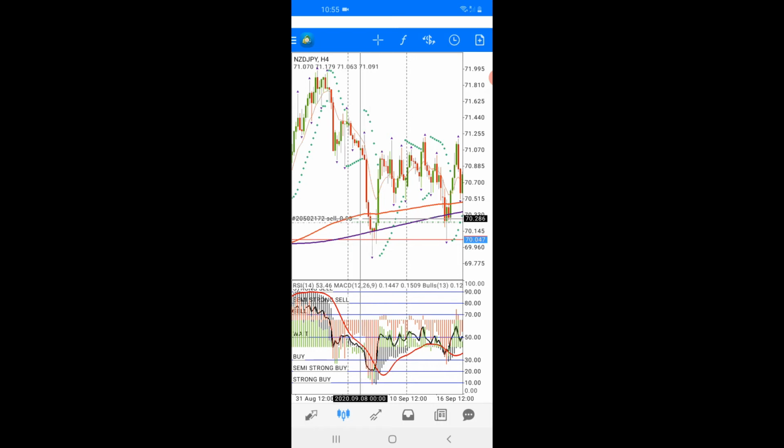So you have to wait for this very candle to close. So long as this candle did not close successfully below the 100 moving average, expect another uptrend. I mean the market to reverse again to uptrend.